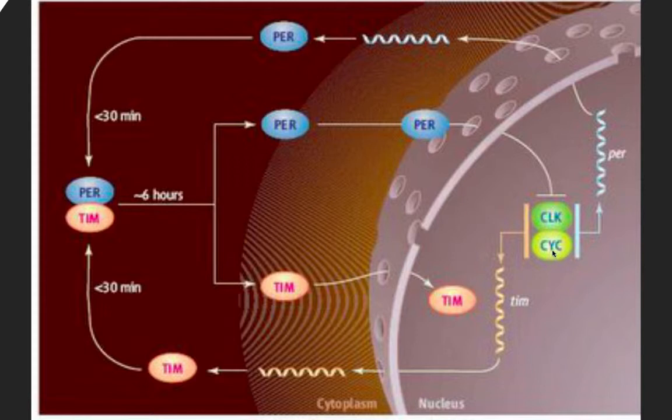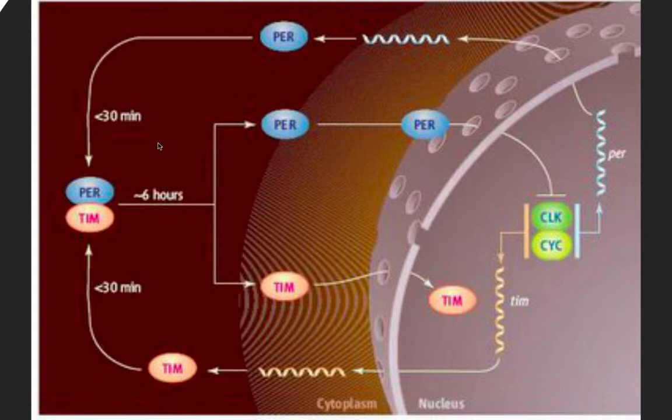Why is this important and how is this negative feedback inhibition? Well, clock and cycle joined together act as transcription factors to promote the transcription of the period gene as well as the timeless gene. So, when period and timeless join together, they inhibit the activity of the clock cycle complex, which then further inhibits the transcription of period and timeless.